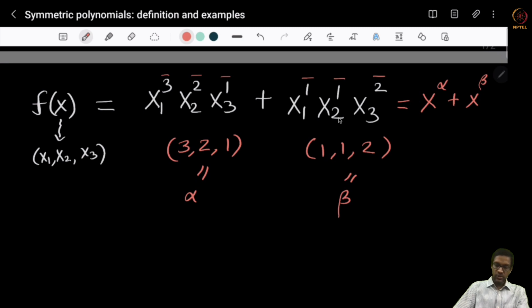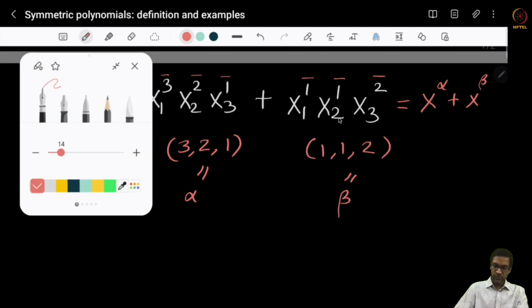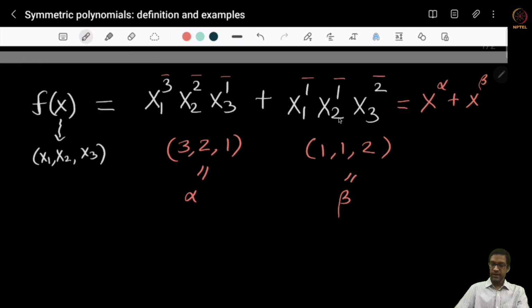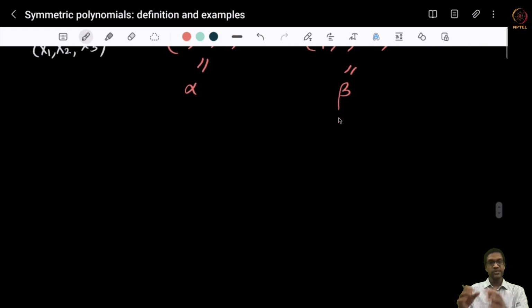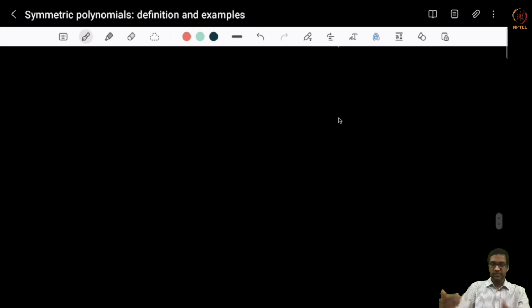This is useful shorthand because when we start talking about symmetric polynomials, we'll be dealing with many terms, and the multi-indices will be the easiest way of describing various properties.